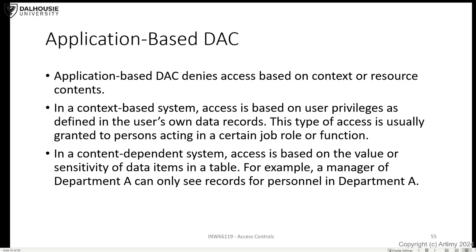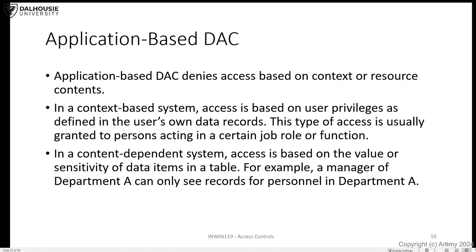There is also something called application-based discretionary access control, where the access is based on the user privileges. This is similar to what I showed you, the restricted interface example, right? The restricted interface example shows different menus and different options based on who the user is and what authorization they have, right?